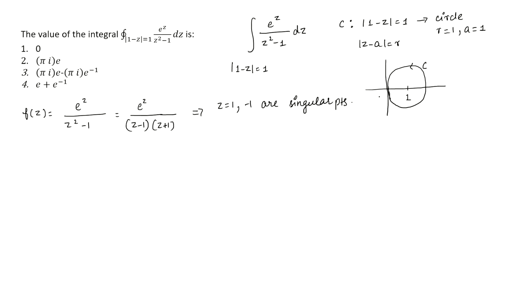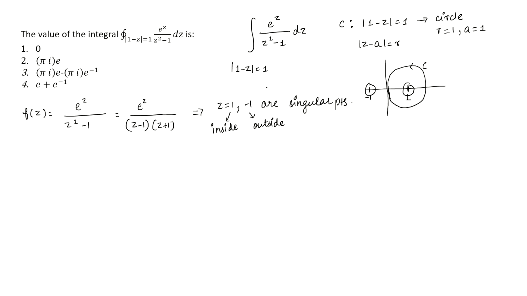If we notice, z = 1 is this point, and it is lying inside the circle, and z = −1 is here and it is lying outside the circle.